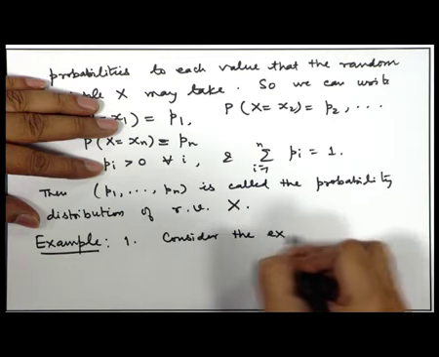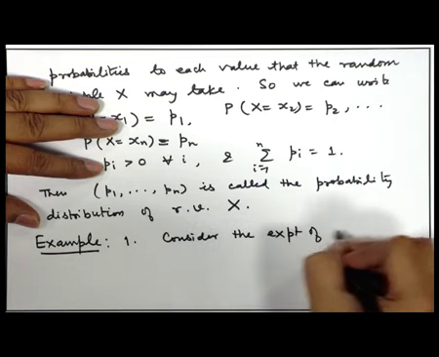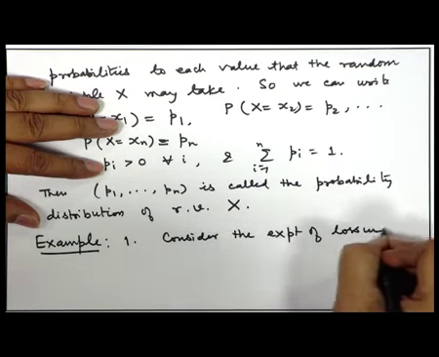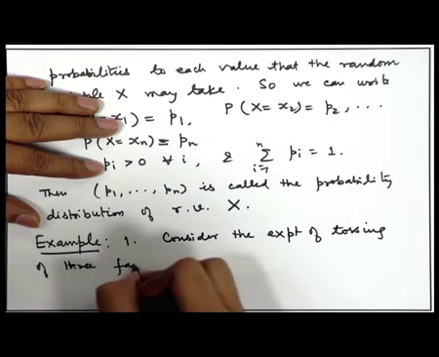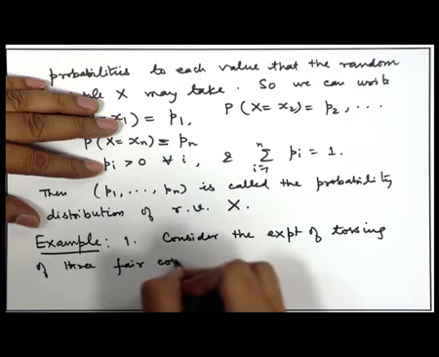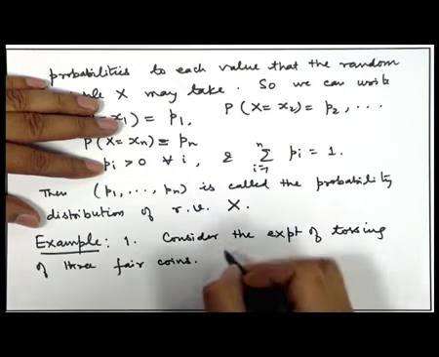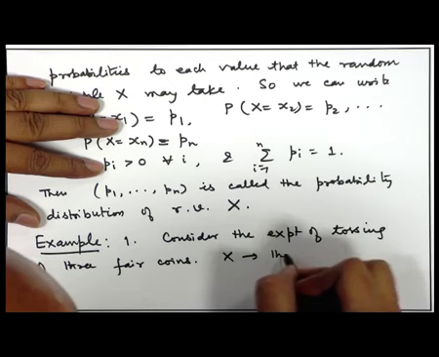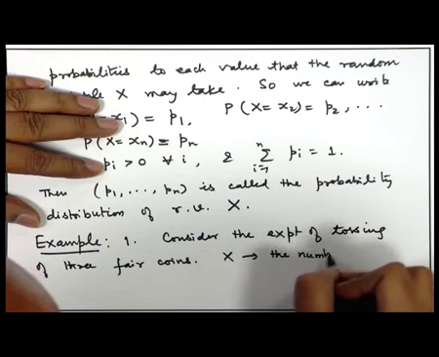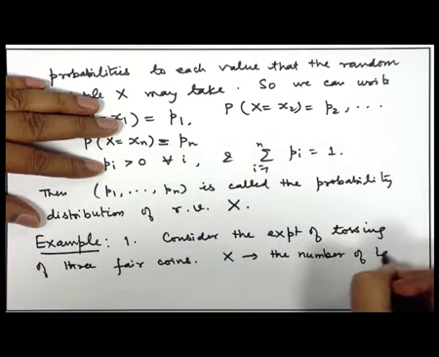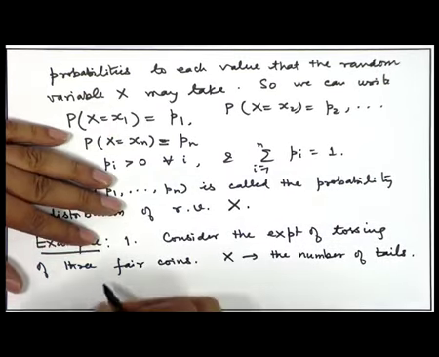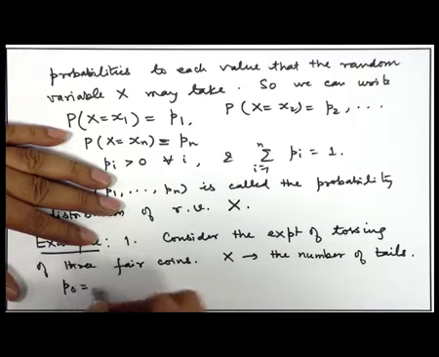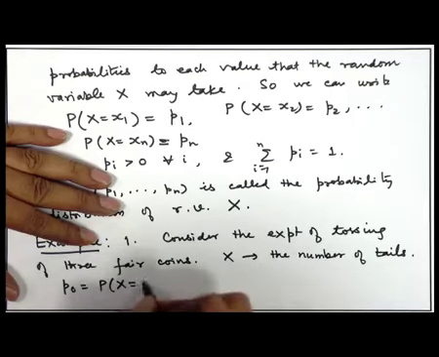Consider the experiment of tossing 3 fair coins, and here X is the number of tails. Then let us calculate the probability distribution. What is the probability that X is equal to 0?